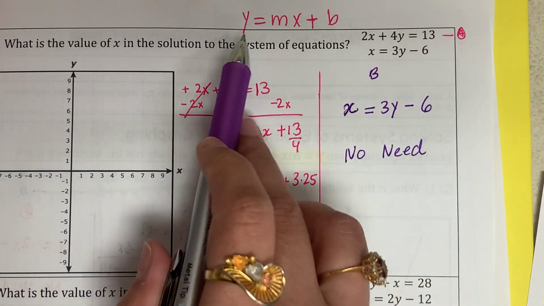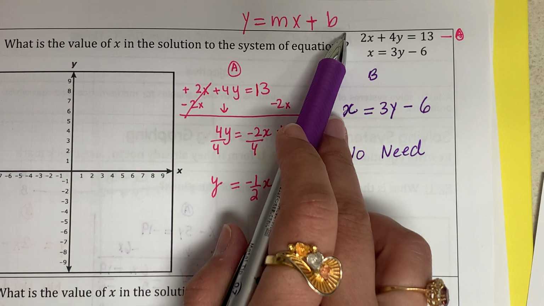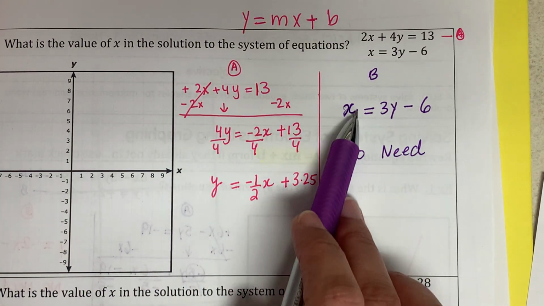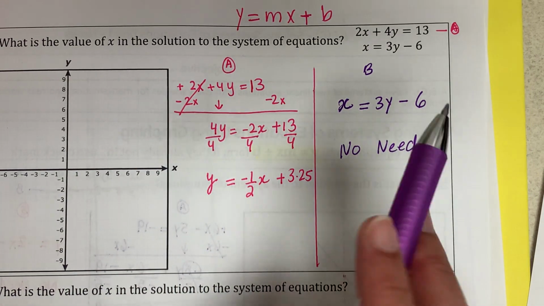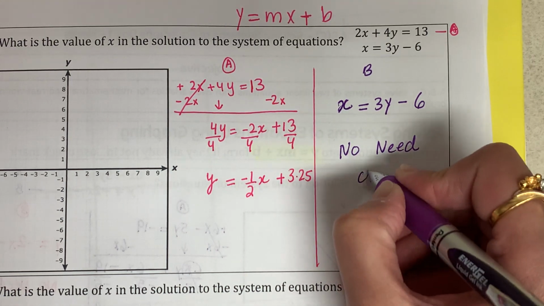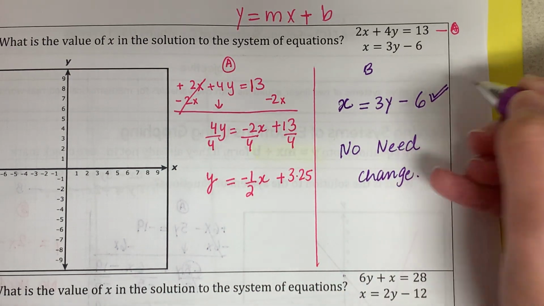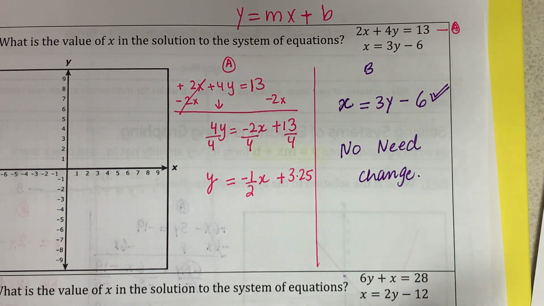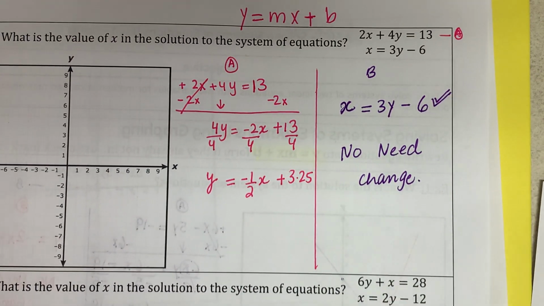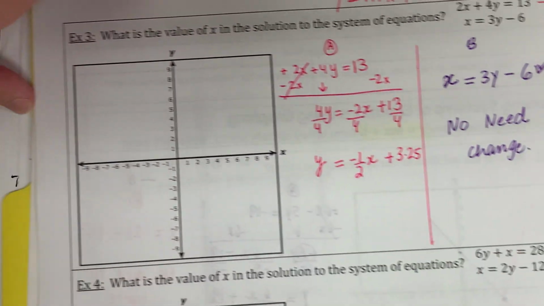As long as you have the equation as y equals or x equals, where x is by itself, the calculator can actually do it. So no need to change that. So all you can do is graph it exactly like this in the calculator and you will have the answer. So I'm gonna just use my calculator here and see what I got.